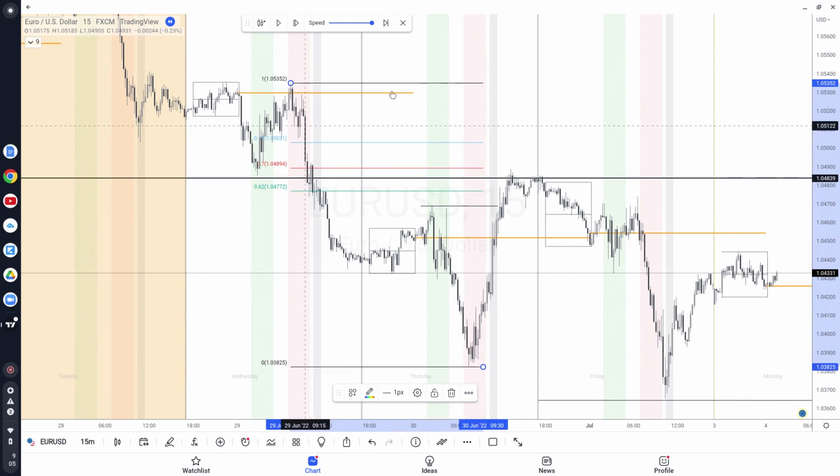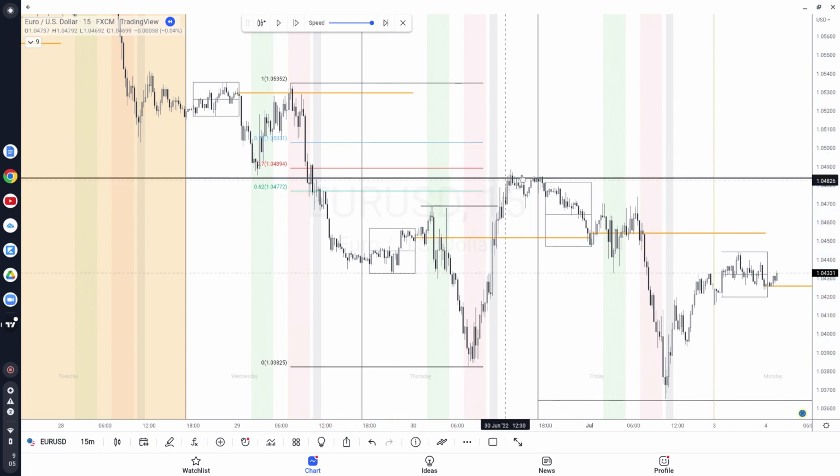And we understand that price will use this as inducement. So this was induced only for price to reach the premium portion of this range. And once this buy side liquidity is taken, we get a failed price swing here.